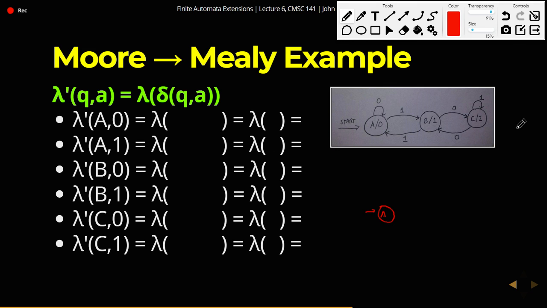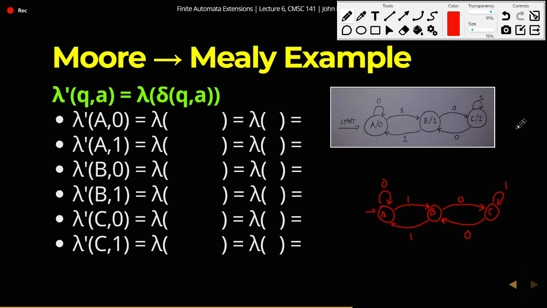So this is A, B, and C. And then for the transitions, from 0 to A, you have 1 to B, 1 here, 0, 0, and finally 1. Okay, so this is our base Mealy machine.